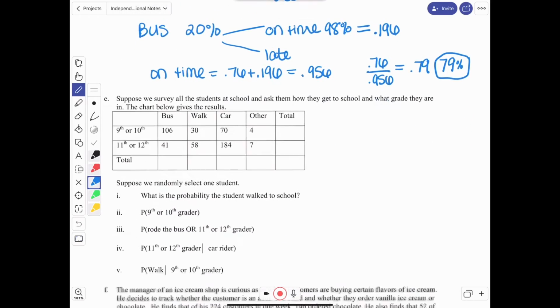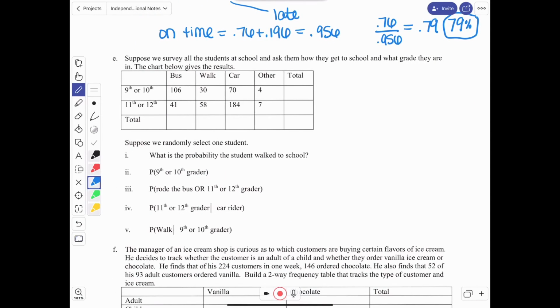So two-way tables, being able to read a two-way table, the most important thing, you've got to fill in your total. And most of the time, unfortunately, they're not going to give you these columns here, okay?